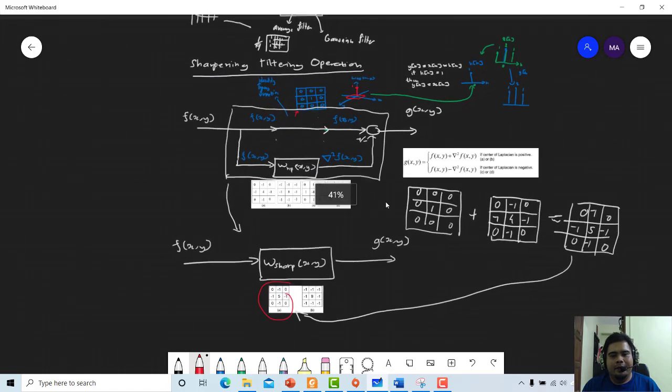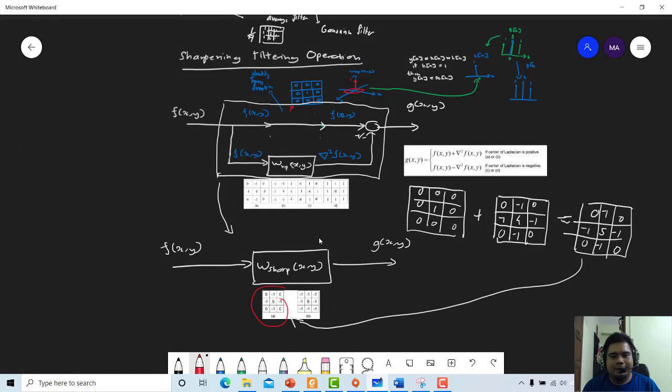Of course there are many ways. The easy way is to use this one, but sometimes I will ask the students to compute the sharpened image the difficult way. It depends on the question.